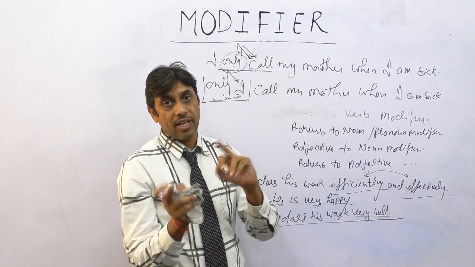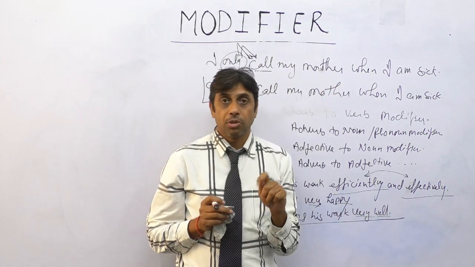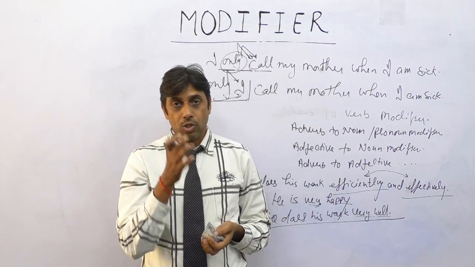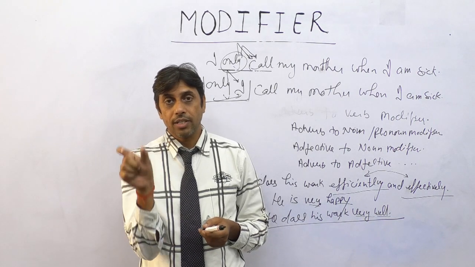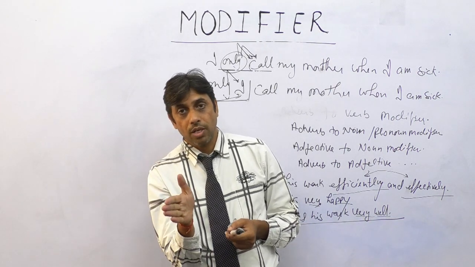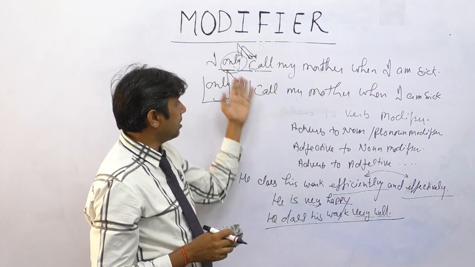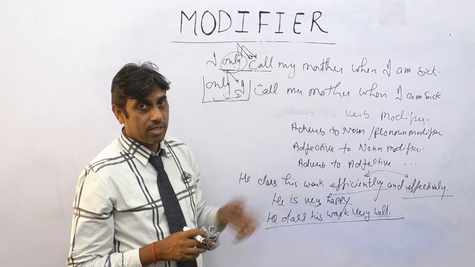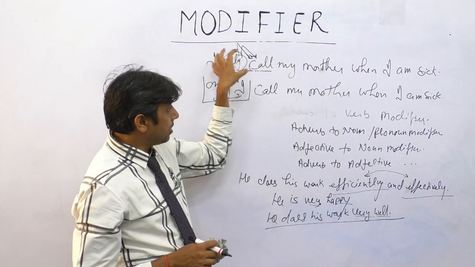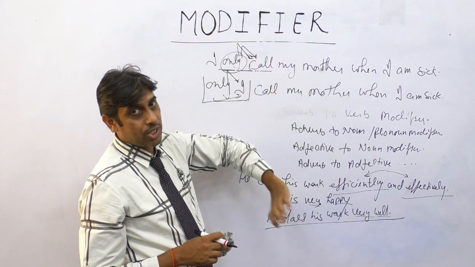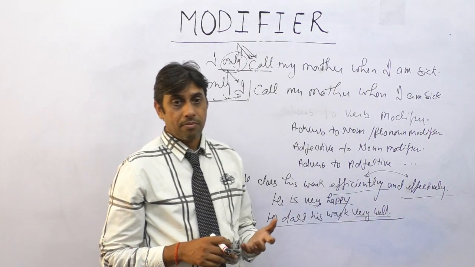So I just changed the place of this adjective. So it changed the sense of the sentence, it changed the meaning of the sentence. So that's why we should learn that a modifier should be written very closely to the word I want to modify. Correct? This is one of the best examples to understand modifiers. I wrote it only closely to the word, and it changed the meaning of the sentence.